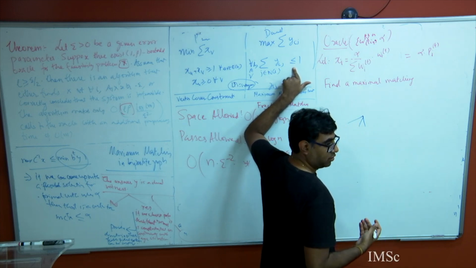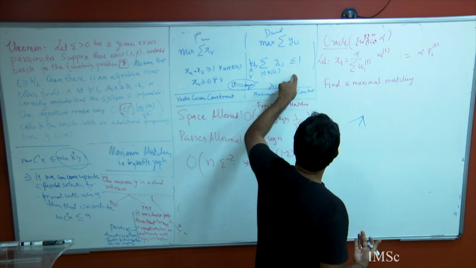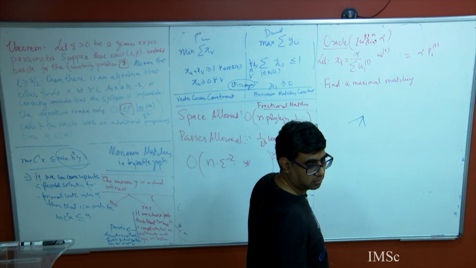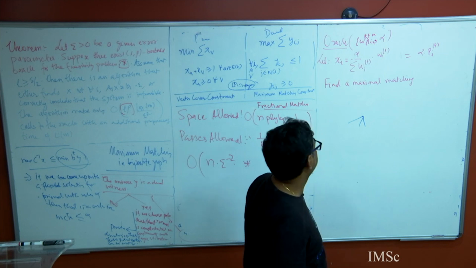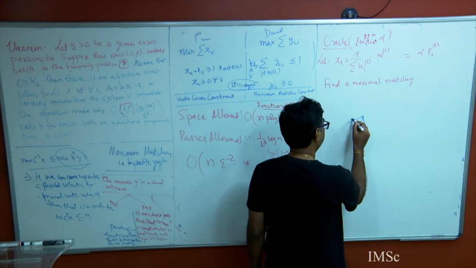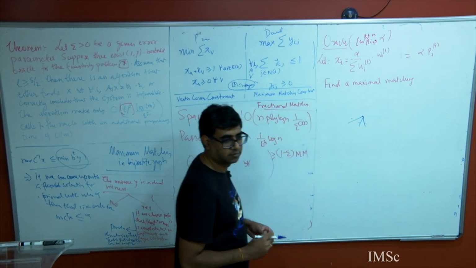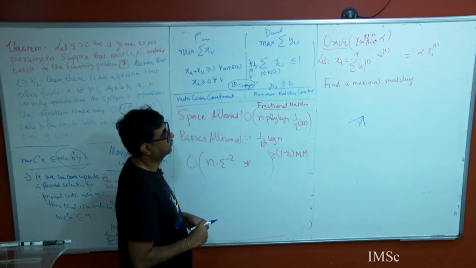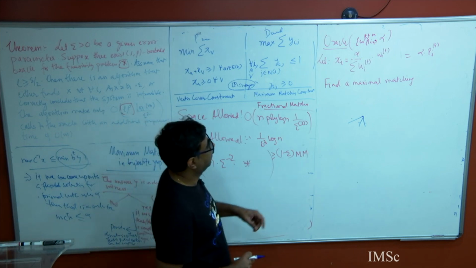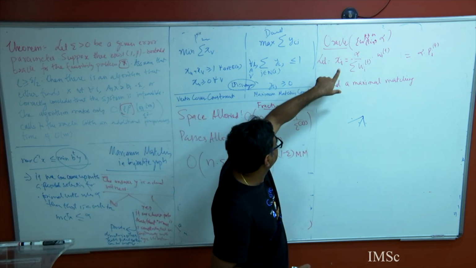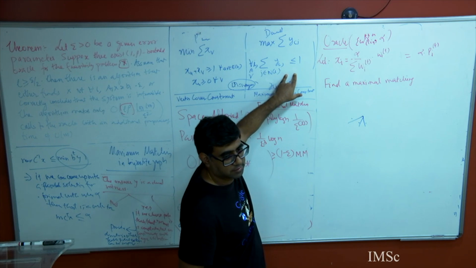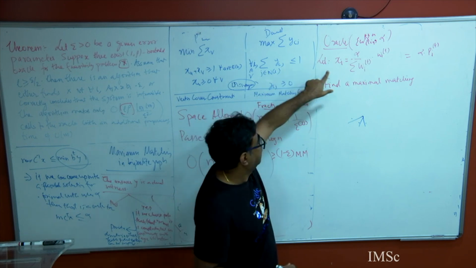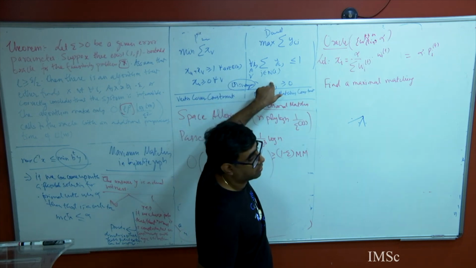So we need to make sure of that, and why is it violated? Because you picked up lots of edges. Look, I have defined x_i's, I have not defined y_i's. I defined x_i's, I didn't define y_i's.